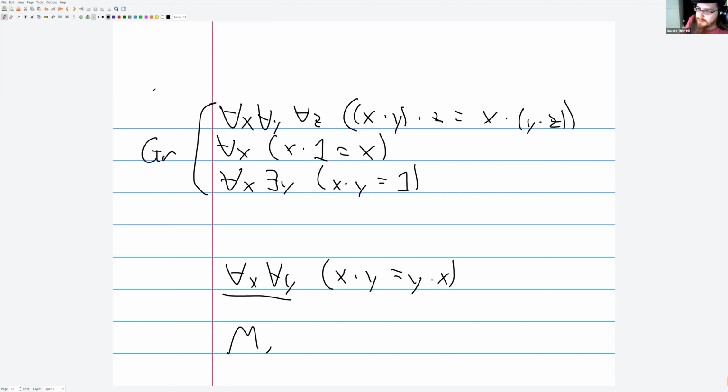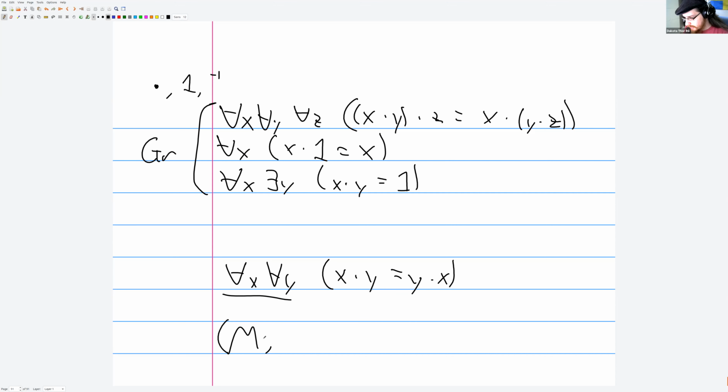For groups, the symbols it uses are the multiplication, which is a binary operation, the 1, which is a constant symbol or a zero-ary function symbol, and then inversion, which is a unary function symbol. The multiplication is also a binary function symbol, not a relation symbol.